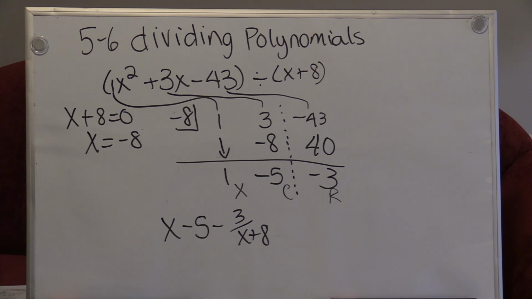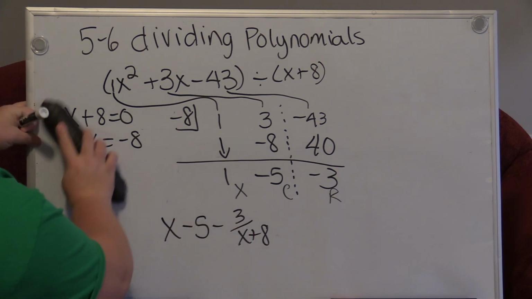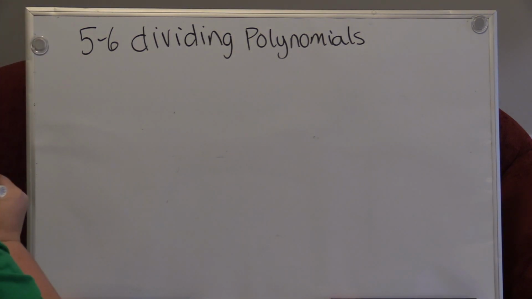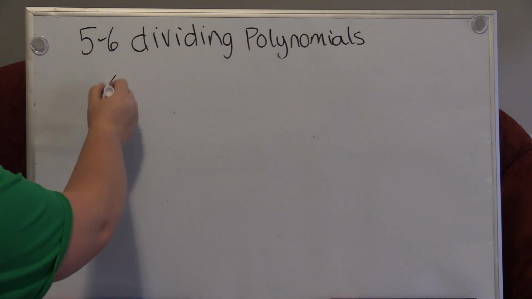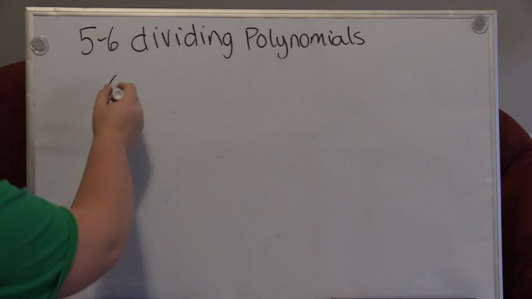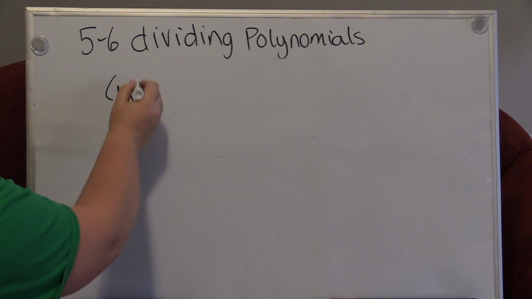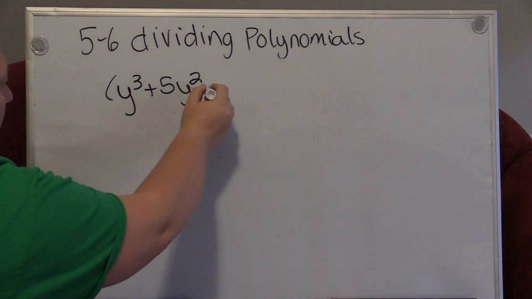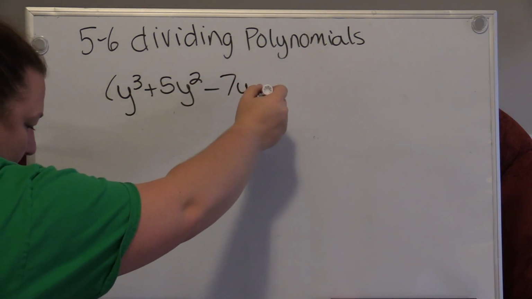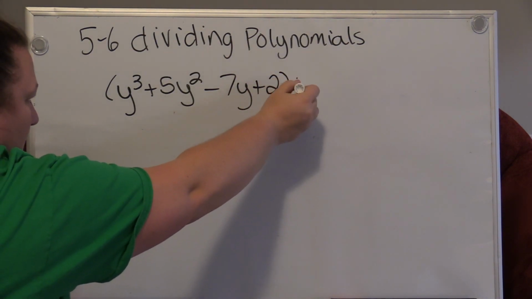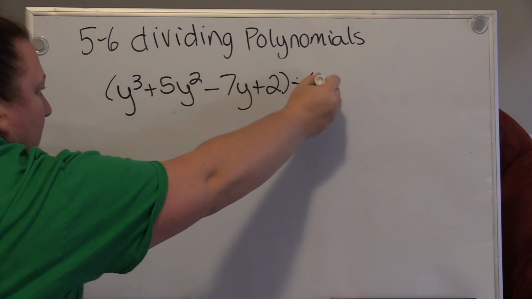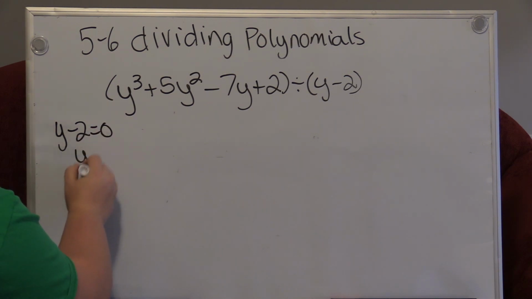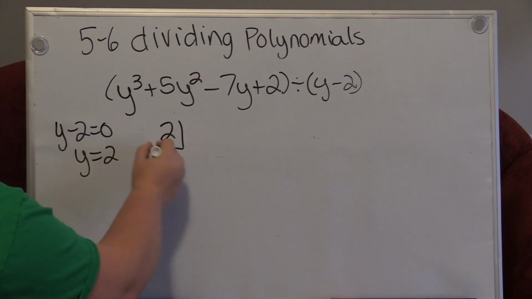Let's practice this one a couple more times. So if y minus 2 equals 0, y equals 2, and that goes in the box over here.